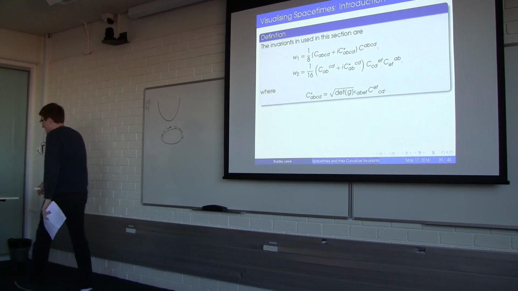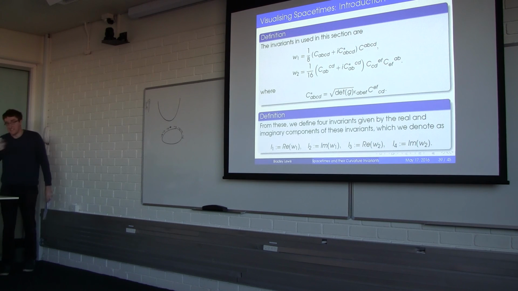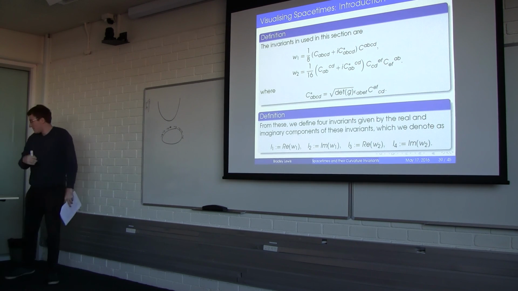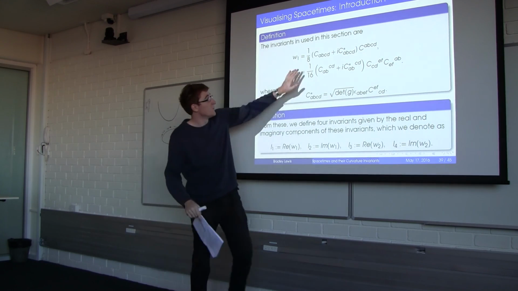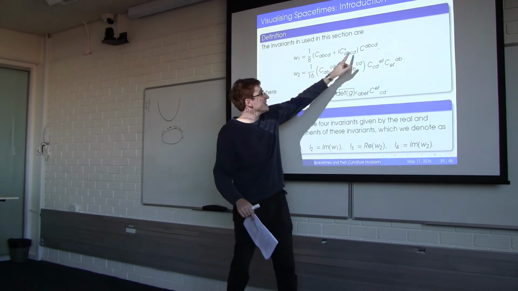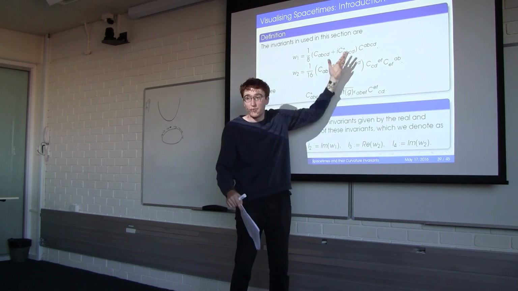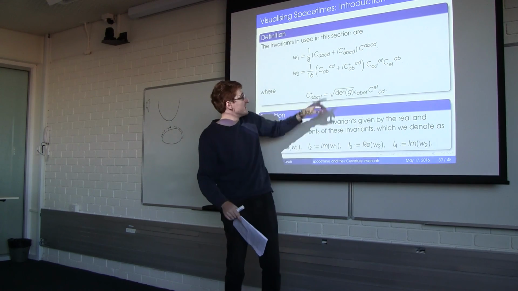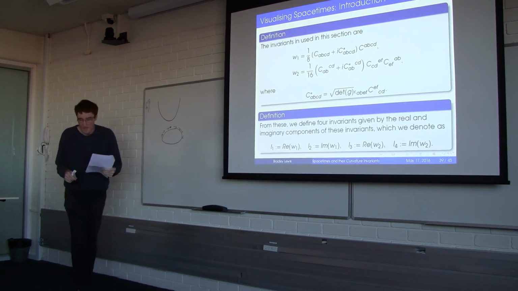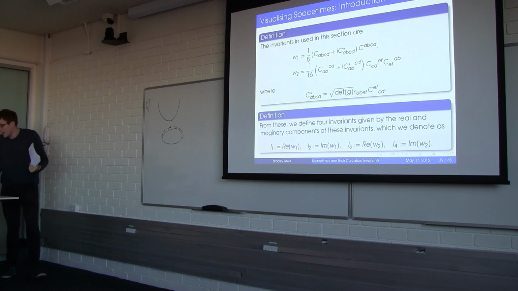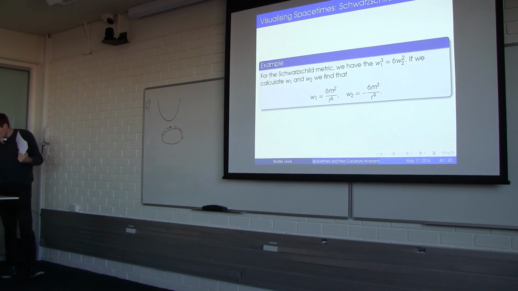From these complex invariants, because that i is just the standard imaginary unit, we construct 4 real invariants, given by the real part, which is just this and this, because these contractions are all real, and the imaginary parts, which are that and that. From that, we construct the 4 invariants we're going to be looking at for the next section.